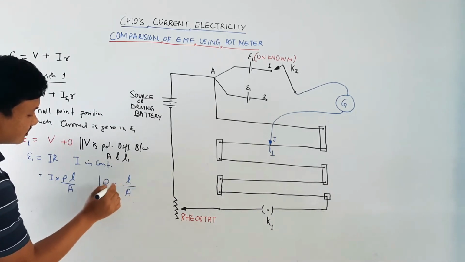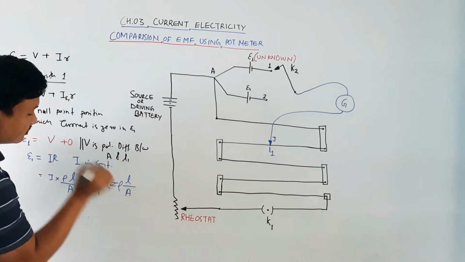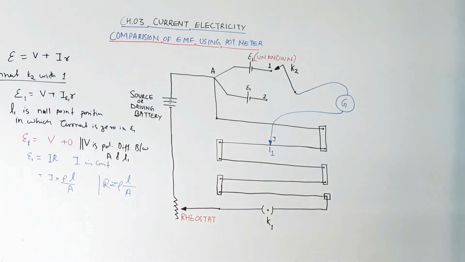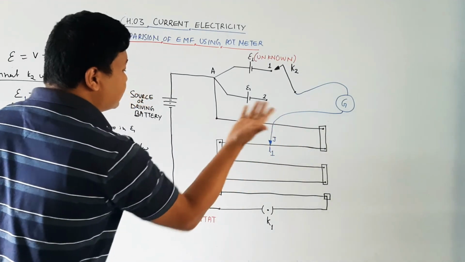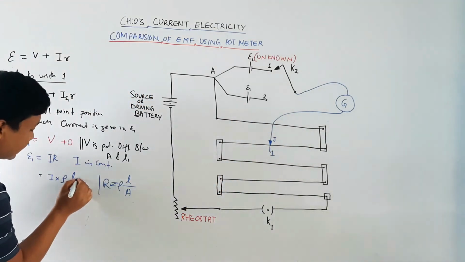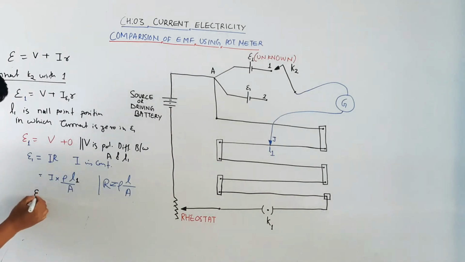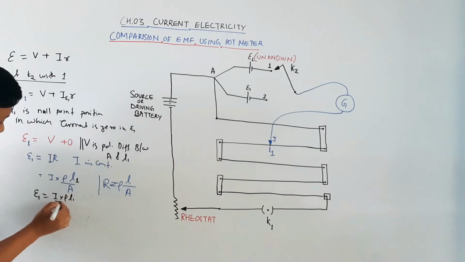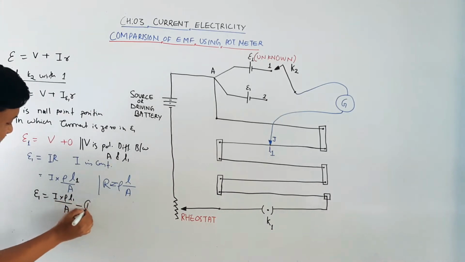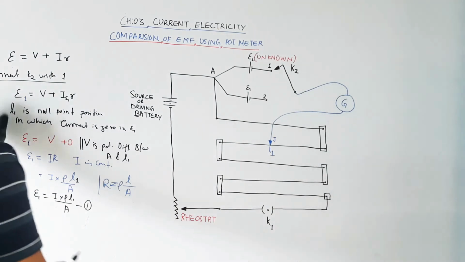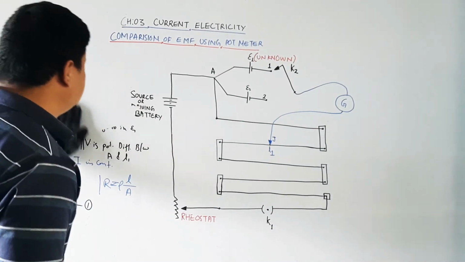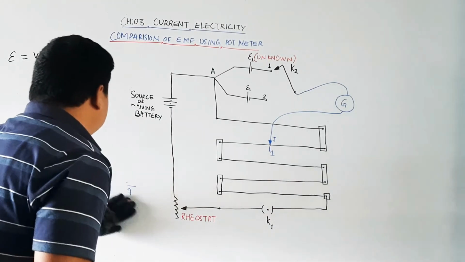Now the length from this: 100, then 150, 200, and so this is my L1. So E1 is equal to I into rho L1 by A. This is equation number 1, right? It is very simple. Now let me pop this out. So what I got is this one.